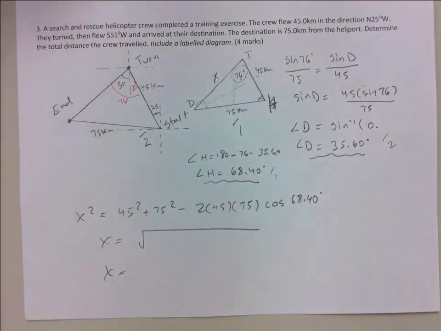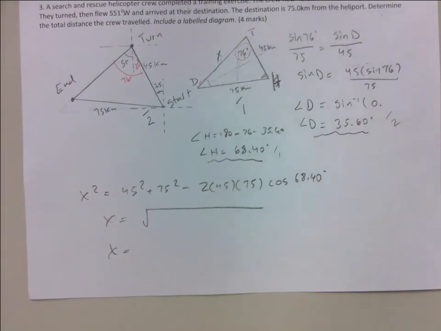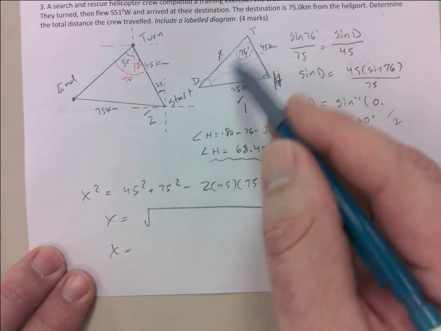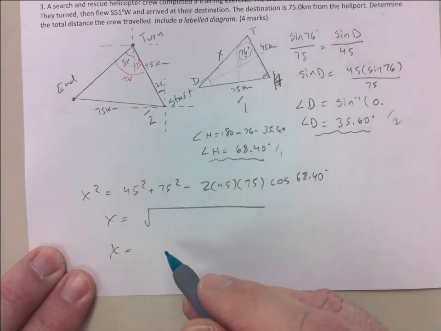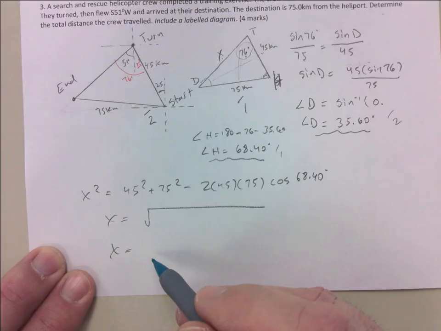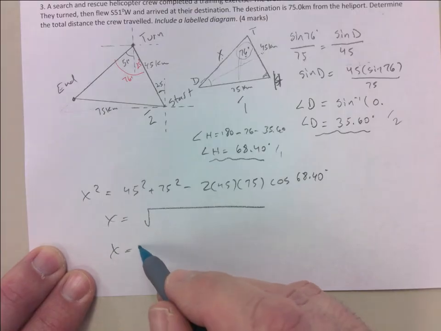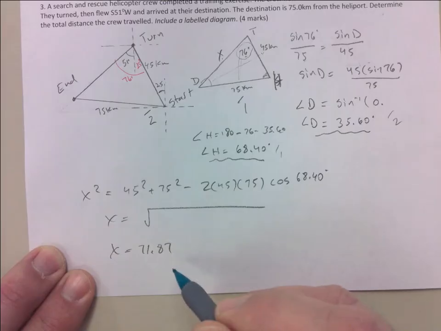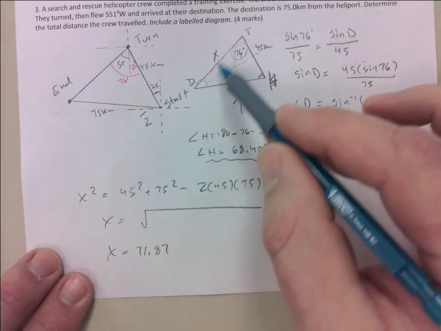What do we get there? How about that side of the room? Anybody? Marianne? No? Peyton? For that last side. Yeah. 71.87? Is that what we're getting? That's just this, right, Peyton?